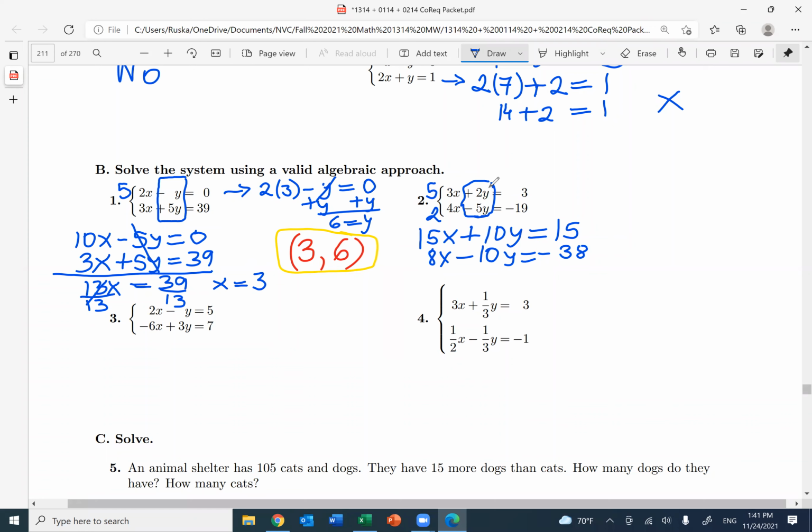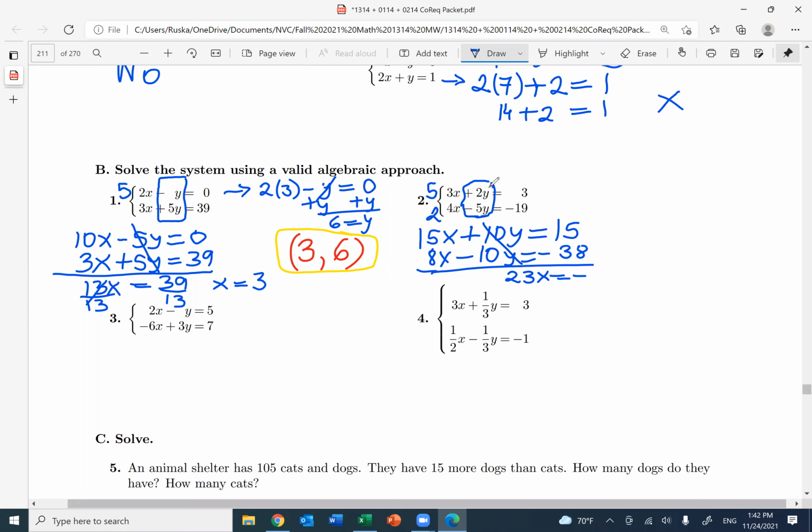And then you're going to add those two, the y cancels, and you're going to have what you have here. 15 plus 8 is 23x equals negative, what is that?